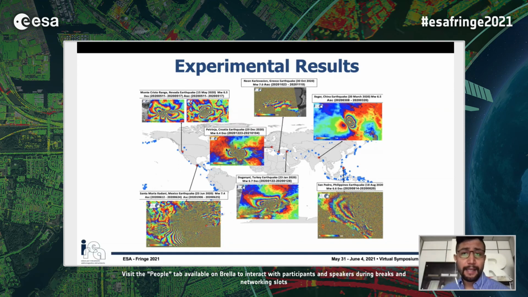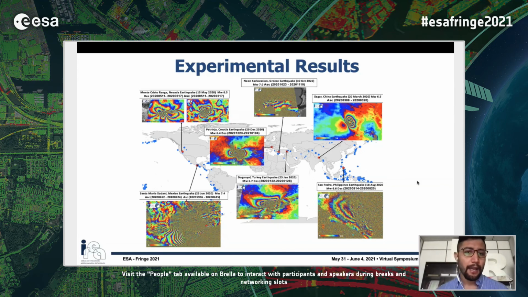We can see here different interesting results, for example, the seismic crisis in June 2020 in Mexico, in Oaxaca specifically, in Santa Maria Xadani, and another seismic crisis of magnitude 6.5 in Nevada in May of last year, the Petrinja, Croatia earthquake in December of last year, another important seismic crisis in Greece in November, smaller earthquakes in China, the big earthquakes in 2020, and another big earthquake in San Pedro, Philippines, in August of last year.